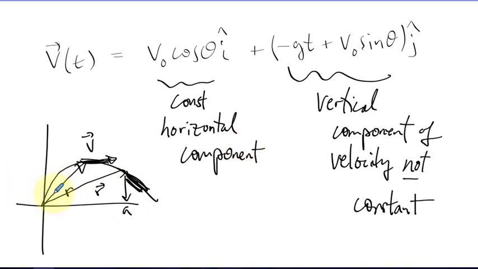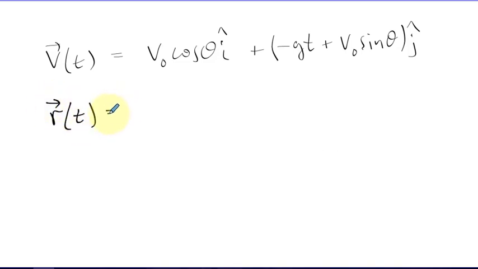Now we're going to derive the position vector r. So it's the position of the projectile as a vector at any time. Well, it's an antiderivative of the velocity, integrating the velocity over time.